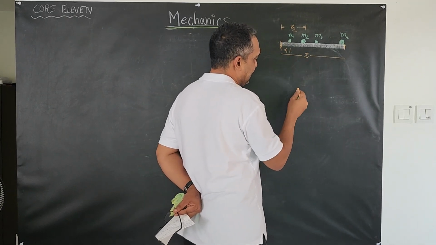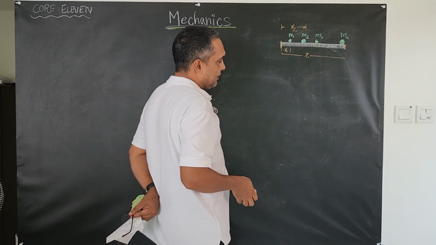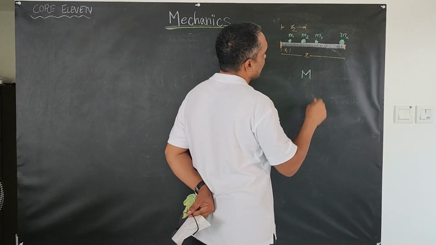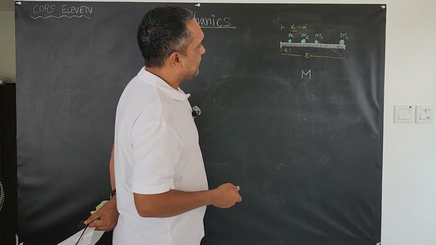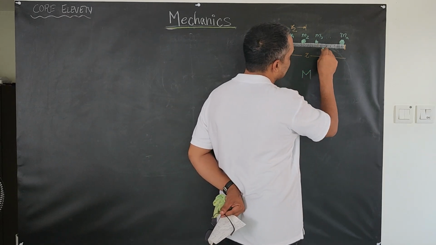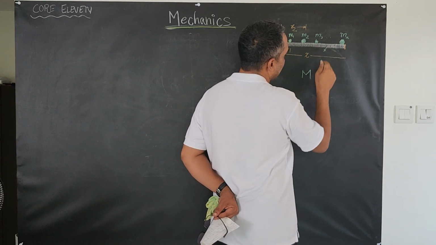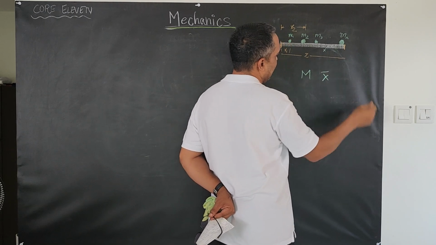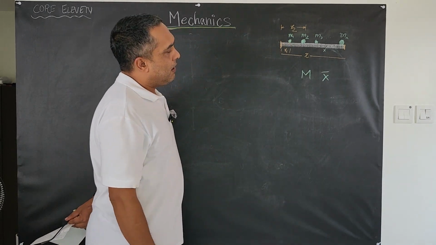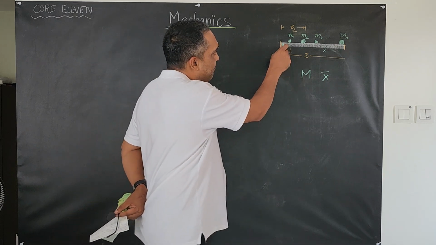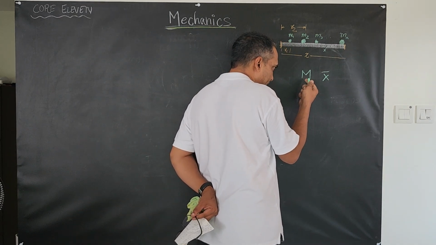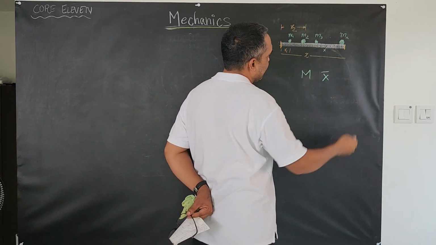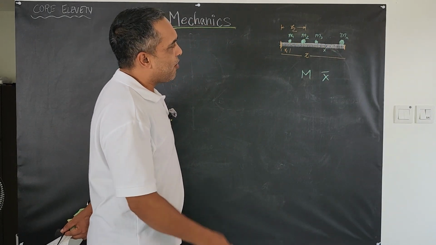But if I say the net mass is an uppercase M, and the net center of mass is at some point, let's say this x bar, then the net moment would be uppercase M times g times x bar, which is the sum of all these pieces acting together, a moment about any one point.